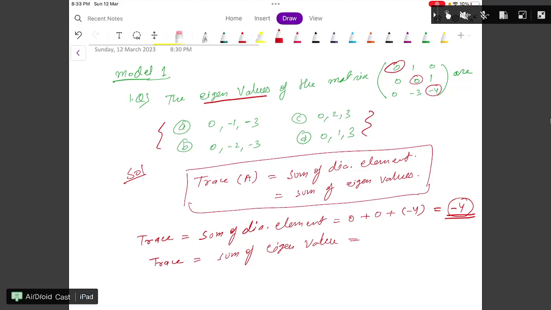So just add. Suppose I am adding option C: 0 plus 2 plus 3 is equal to 5. It is not equal to minus 4, so this option is incorrect.